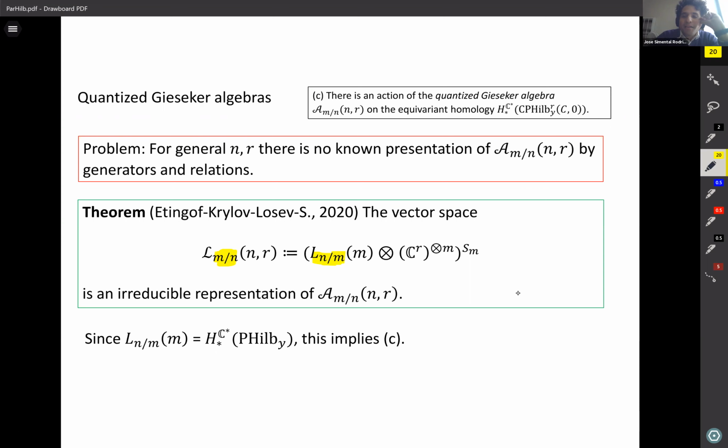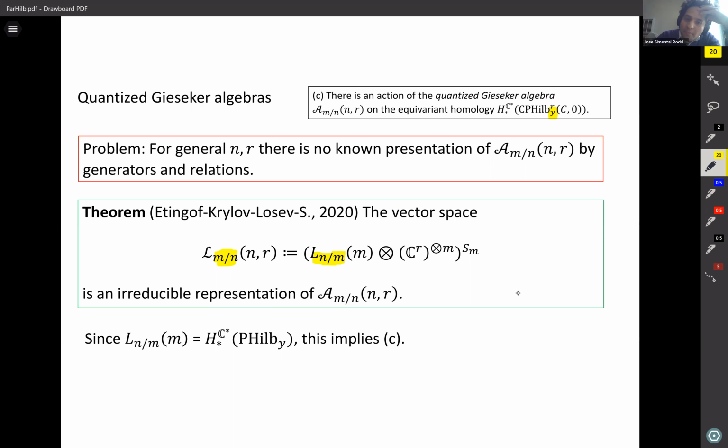And that explains why here I have y instead of x. This representation, L_{n/m}, is the equivariant homology of the parabolic Hilbert scheme normalized in the y direction, which is a representation of the Cherednik algebra of S_m, not S_n.